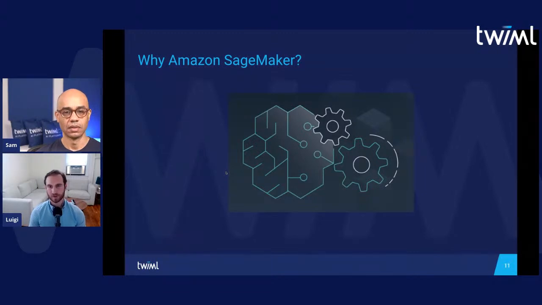So I would say, first of all, one good reason is that it's built by Amazon, right? And Amazon is a company that's been running machine learning systems in production for well over a decade. So any platform built by them is going to encompass the best practices that Amazon has learned over all of the years of doing this work. And we can be really confident that the design decisions that were made weren't arbitrary choices, right?